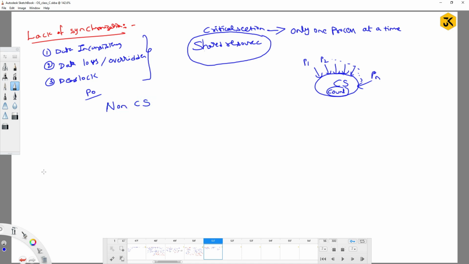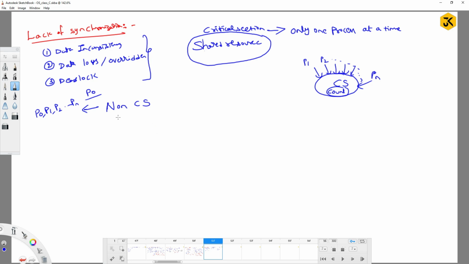If it does not contain any shared data, it is a non-critical section. Non-critical section code can be executed by multiple processes parallelly, but in a critical section only one process can execute at a time.